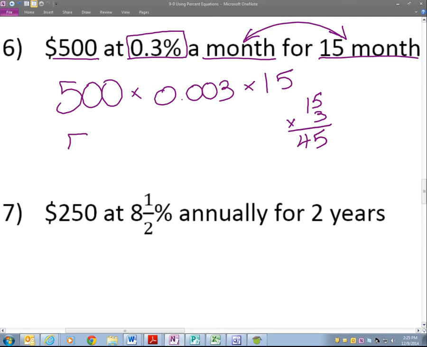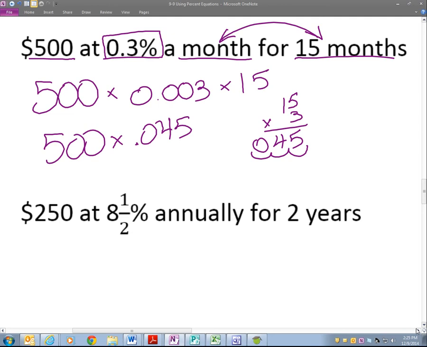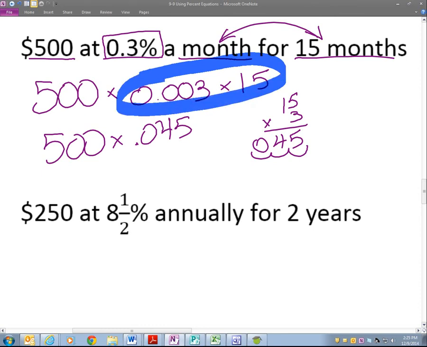So now I have 500 times 0.045. You with me so far? All I did is I took care of this one because I think that one is the easiest to do.